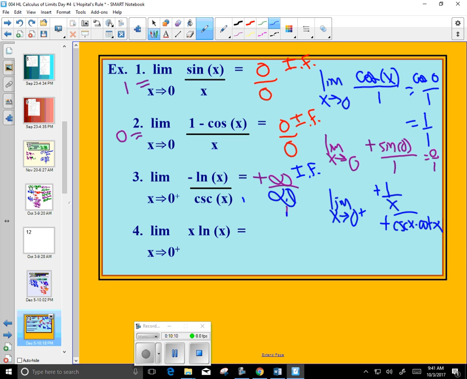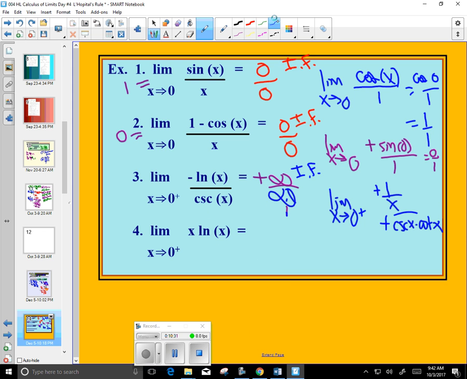This one? Yeah, it's the graph of cosecant x. So it's 1 over sine. It's 1 over the sine. So here's the sine of x. Here's the cosecant. And it's going to be this part here, going up to infinity.